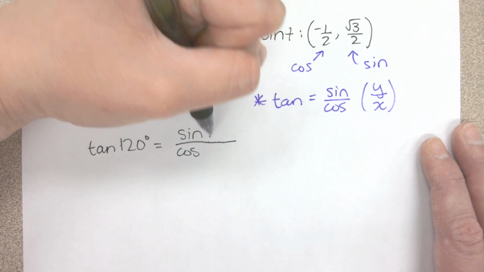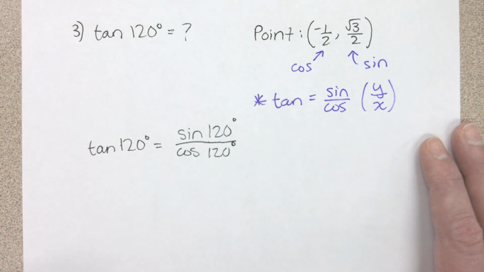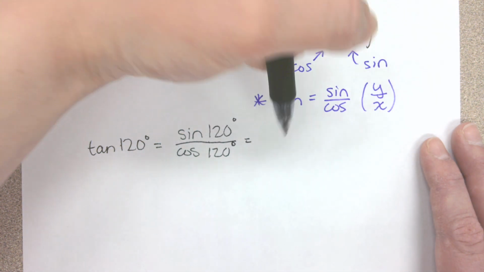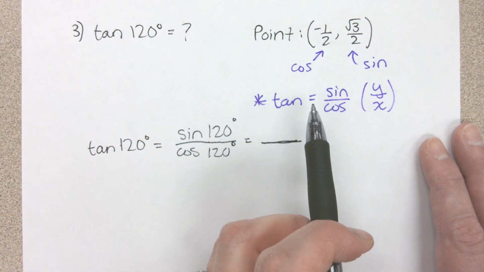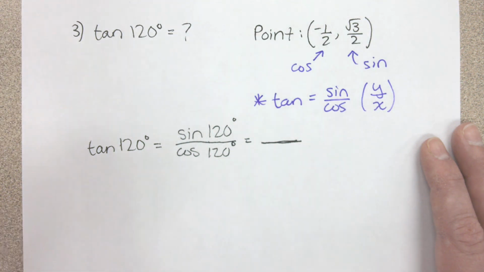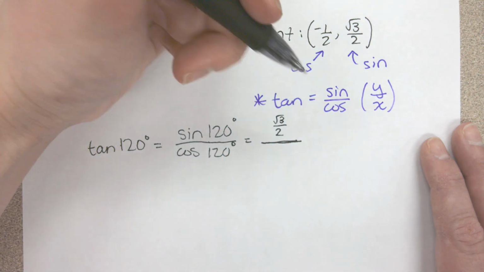If we're going to get technical, it's sine of 120 over cosine of 120. That's just me being extra specific. Sine of 120, that's the y value. That's square root 3 over 2. Cosine, negative half.